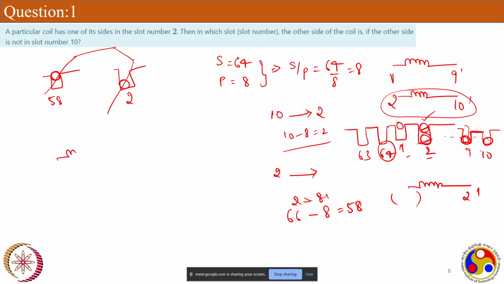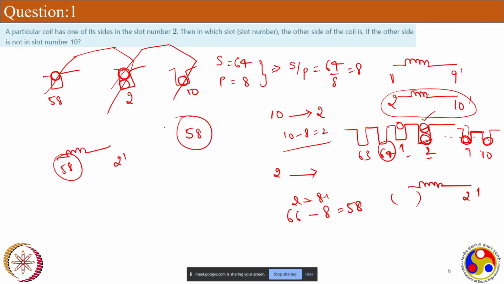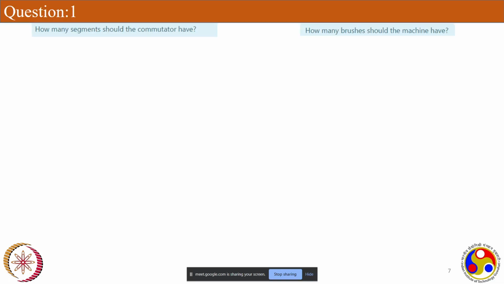That means 58 and 2 dash. Because on top of 2 we know this coil is ending at the 10th slot. So he was asking about the bottom coil which is starting at the 58th slot. So the answer for this is 58. It's simple. You just have to go back by the coil span, you subtract 8 slots from the second slot. That is 58. Now we have two questions here.